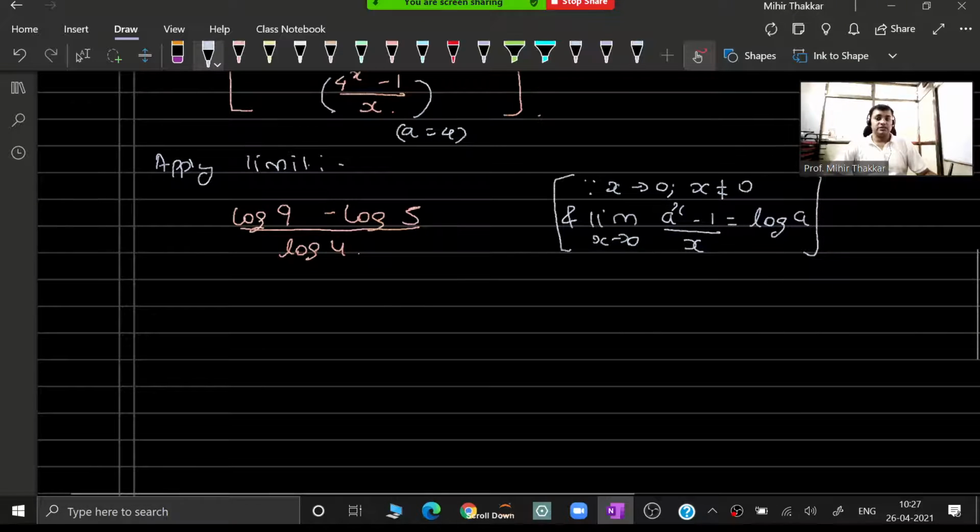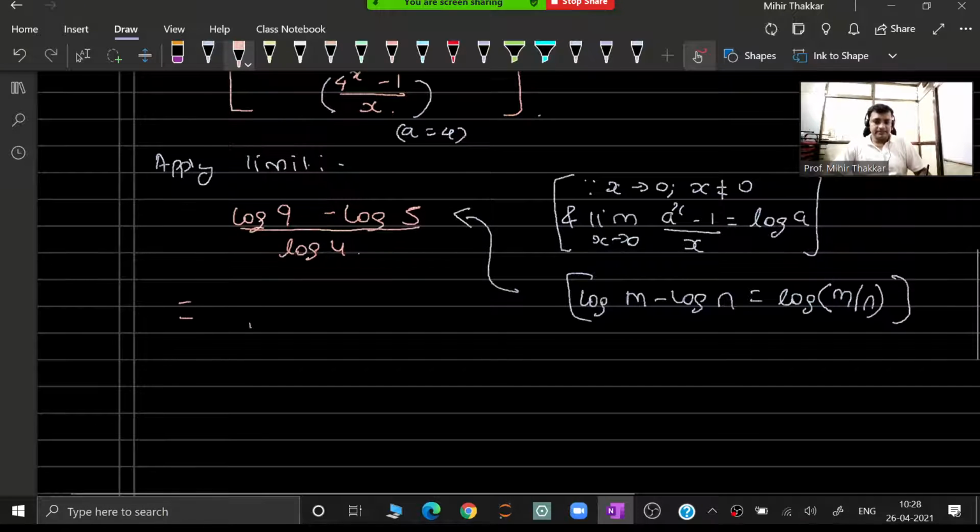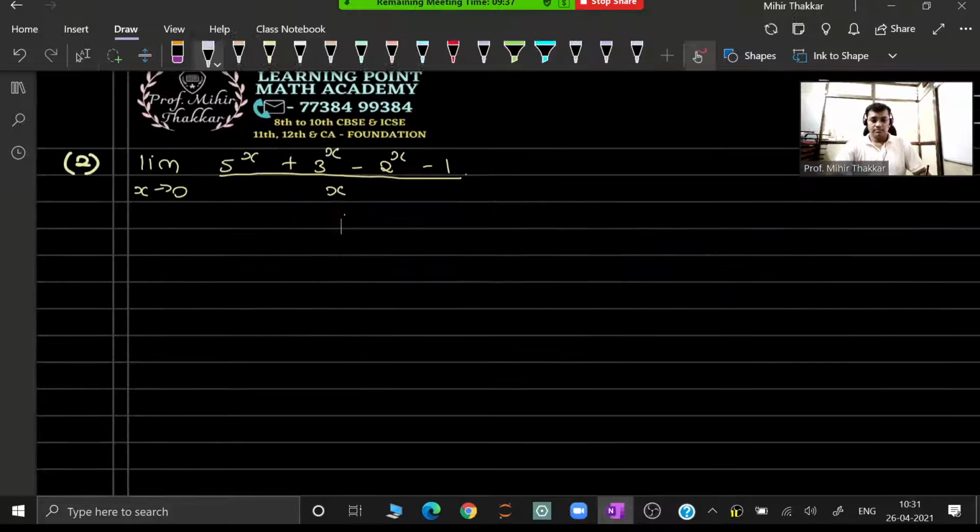Once again guys, the property of logarithm, if you remember, I gave you the property which is like this: log m minus log n can be taken as log of m by n. So here in the numerator, if I apply this formula, it can be expressed as log 9 by 5 and divided by log of 4 will be as it is.